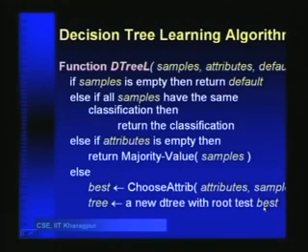So, this is recursively going down from the top node to the successor nodes. At every level we have a set of samples, we have a remaining set of attributes, and our objective is to split these samples based on a chosen attribute. That chosen attribute is best, so we create a subtree with the root test best. In the root of this subtree we will examine the value of the variable best.